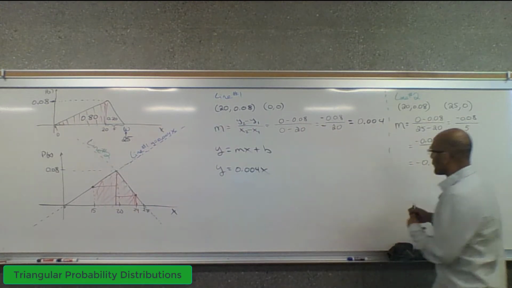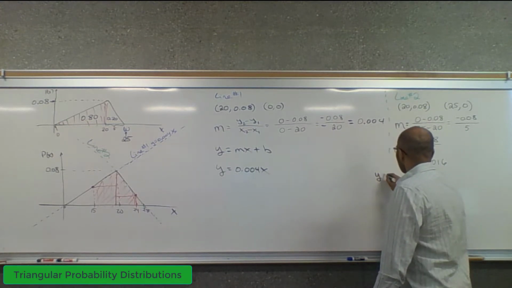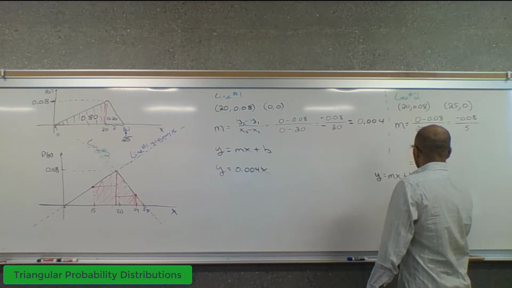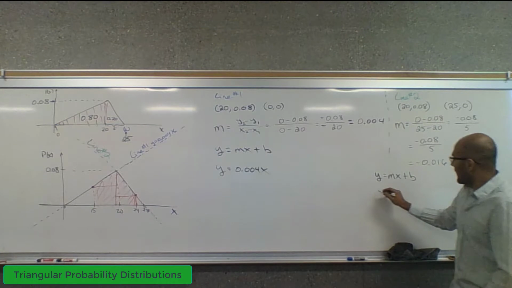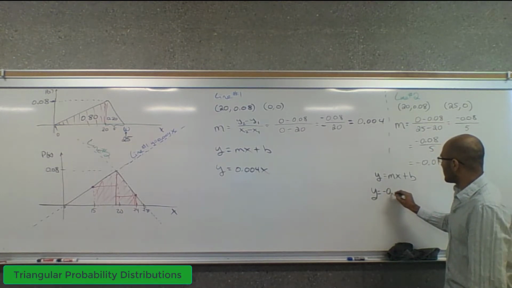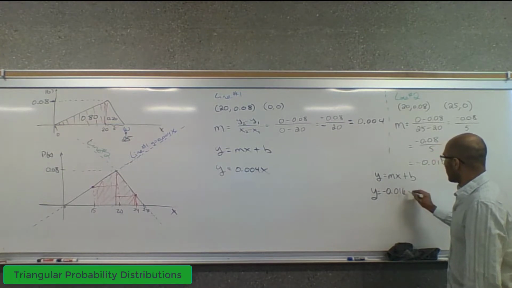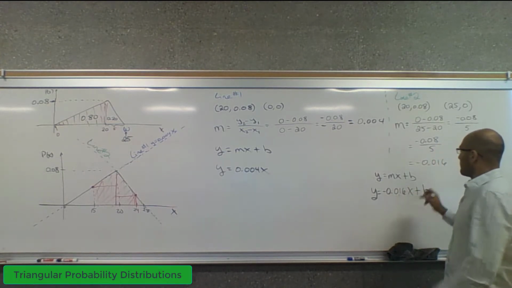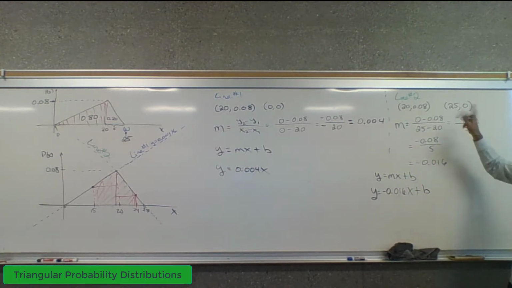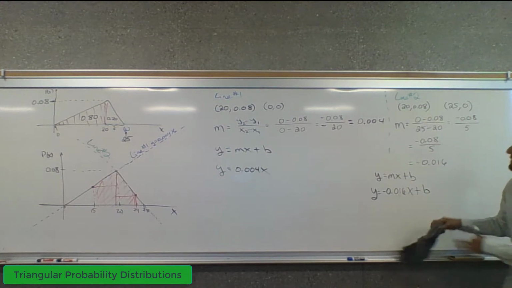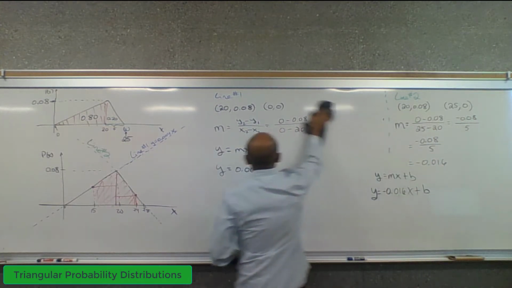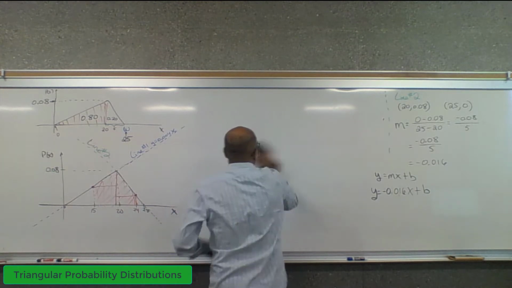So I'm going to go over to my y equals mx plus b. And now I have the m, so y equals negative 0.016x plus b. And now I need to use one more point in order to find the b value. I'm gonna make some room here, I don't need this anymore.